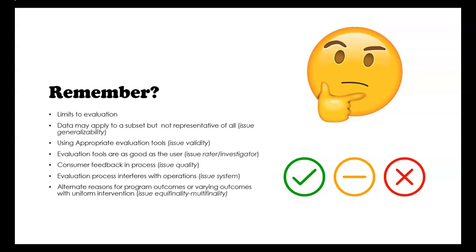Now, the other problem is with multifinality where you have different outcomes with clients, but everyone is using the same therapy model like cognitive behavioral therapy, right? It's hard to tell what's the problem here. Is it the intervention? Because you have some clients that are doing well, but then there's some clients that are doing poorly, right?